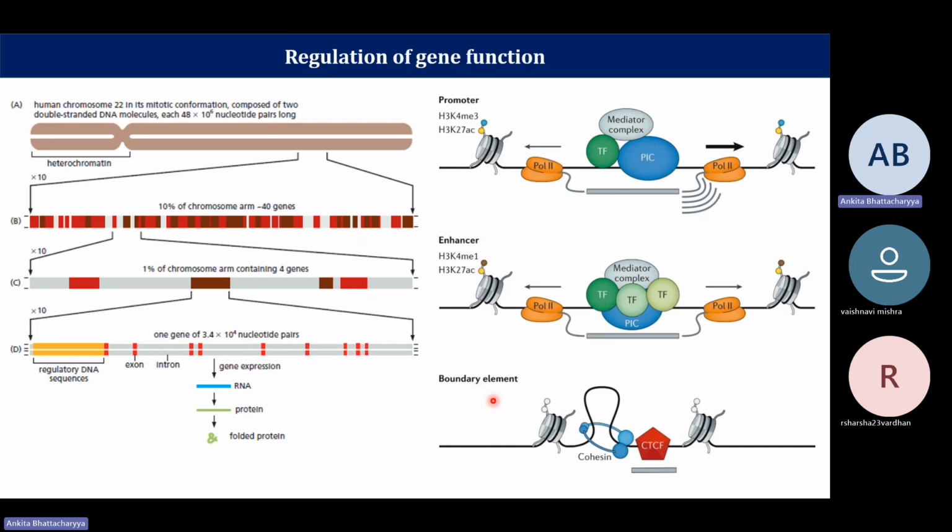Then there are some boundary elements that distinguish different regions within the genome, and they are able to do so because they will block away certain regions and will bring certain regions close together, and they're able to do so because of cohesin proteins and CTCF, which helps in regulating this action. Therefore, it defines the start and end of a gene or start and end of a certain region within the chromosome and helps in differentiating specific regions of the genome at specific loci.